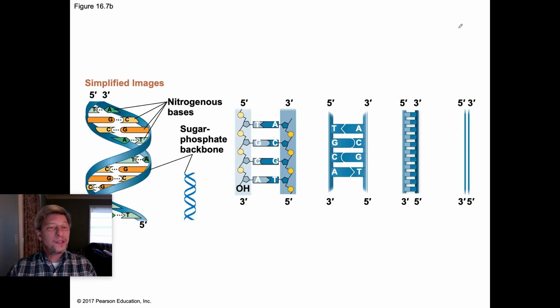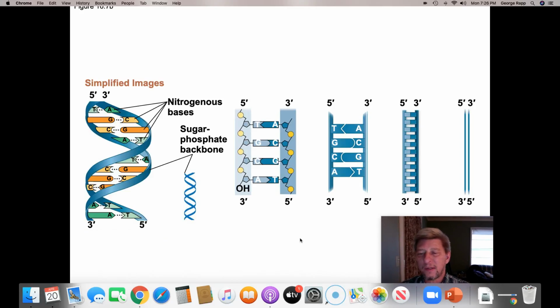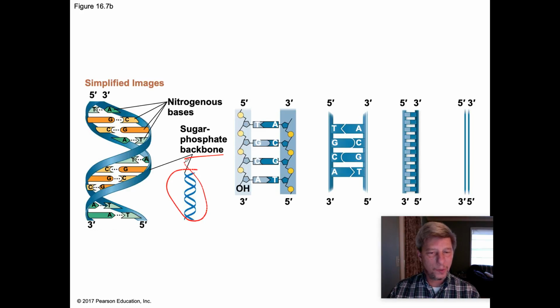Now, this is the way that you'll often see these DNA molecules shown in simplified images. Rather than showing all of the phosphates and sugars, a lot of times the ribbons that you see here will represent the sugar phosphate backbone, okay? And oftentimes they'll be shown in this form.